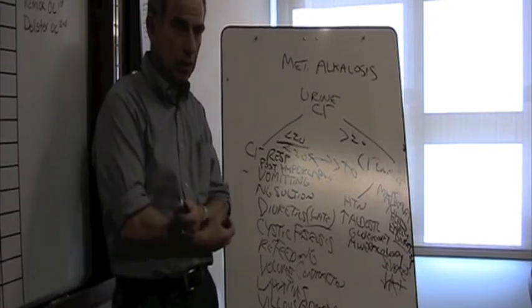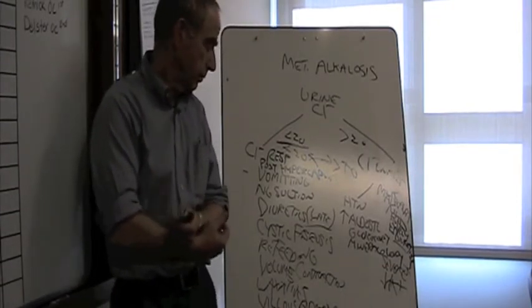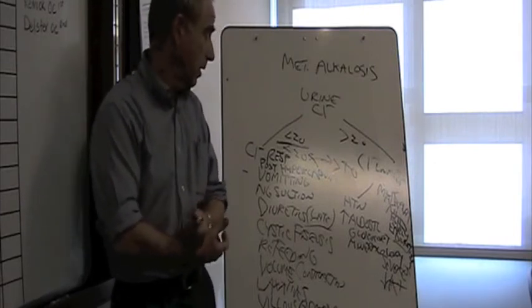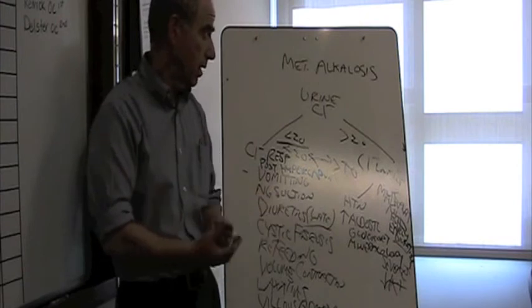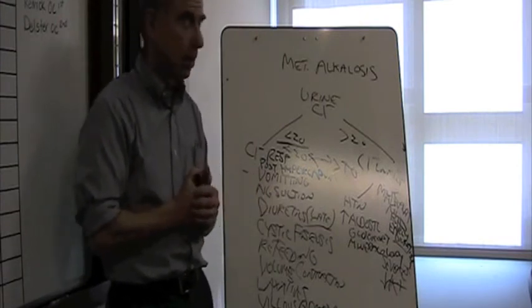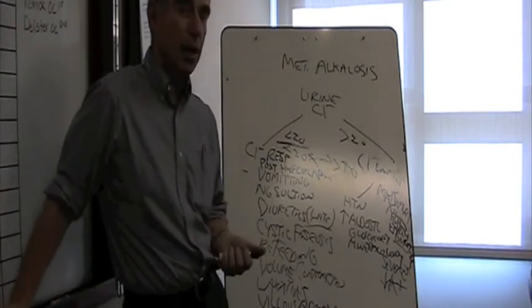So how do you treat it? Well, the saline responsive you can treat with saline, chloride, saline. And the other ones all have different treatments depending on what the cause is. That's the whole point of figuring this out, because you want to know how to treat the patient.